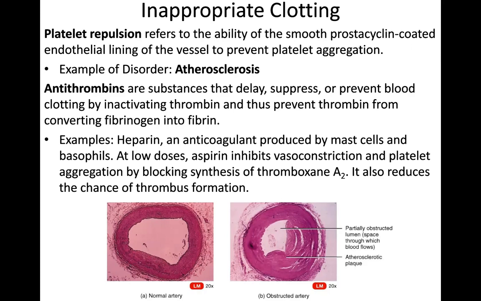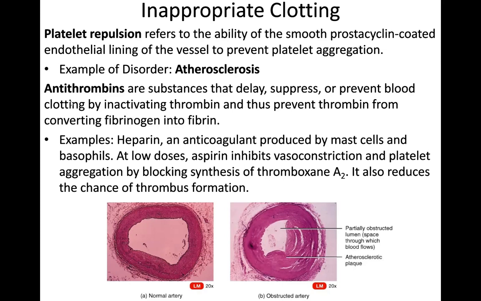But in conditions like atherosclerosis, what we see down here in the bottom right illustrates an artery that has allowed stuff to start sticking to it, and therefore the lumen of that blood vessel is not nearly as open, and blood flow is diminished tremendously. And we talked just briefly about atherosclerosis on the last lecture. A lot of that is due to plaque, which damages the inner lining of the blood vessel and takes away that platelet repulsion. Okay.